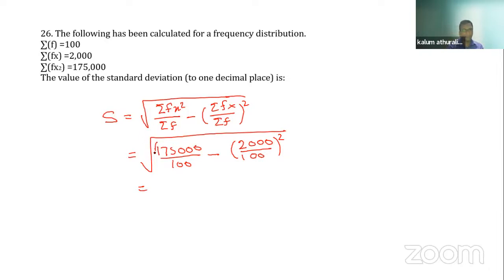If you use the calculator, put a bracket here: square root, open bracket, 175000 divided by 100, subtract, open bracket, 2000 divided by 100, close bracket, squared, close bracket, with the answer 36.74. This is the value of standard deviation.